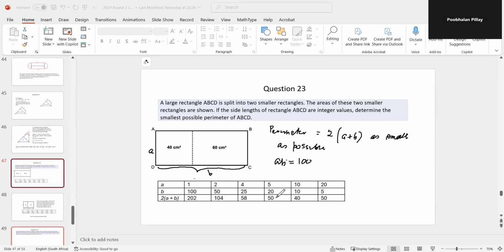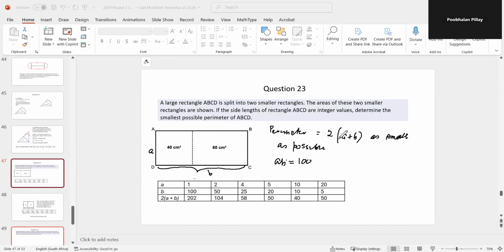So you can see I've got this pair A and B. In this case, A plus B is 5 and 20. Yeah, it's 20 and 5. So if you go on, you're going to have 20 and 5, 25 and 4, 50 and 2, 100 and 1 in the top line. And I didn't care to finish that off because I'm looking for the smallest possible perimeter.